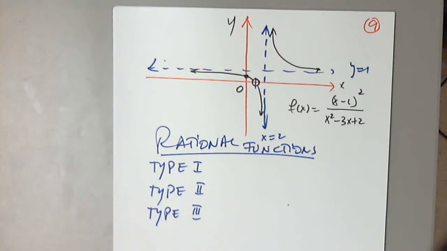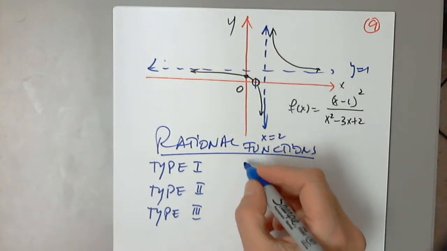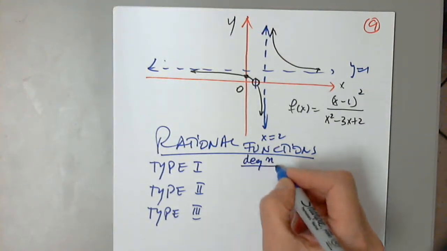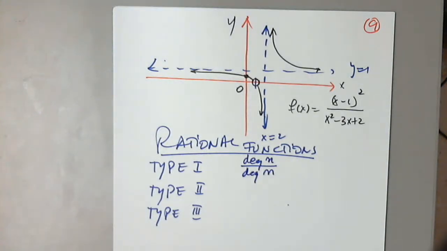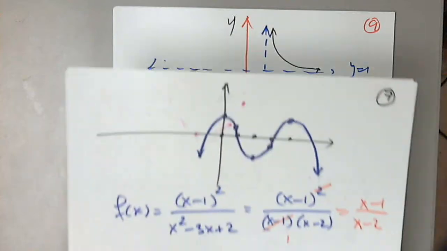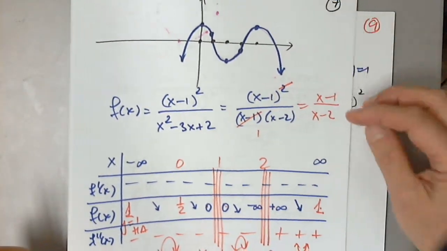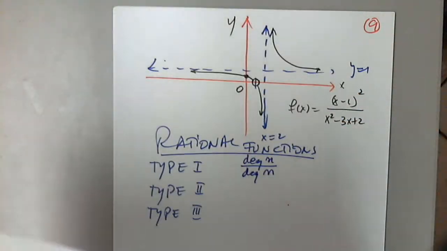We have seen type 1. Type 2, we can choose one. It's very simple, even easier than this one. This is type 1. Type 3 has a different story to tell. So type 1 is degree n over degree n, and we looked at two today. Degree 2 over degree 2 turned into degree 1 over degree 1.